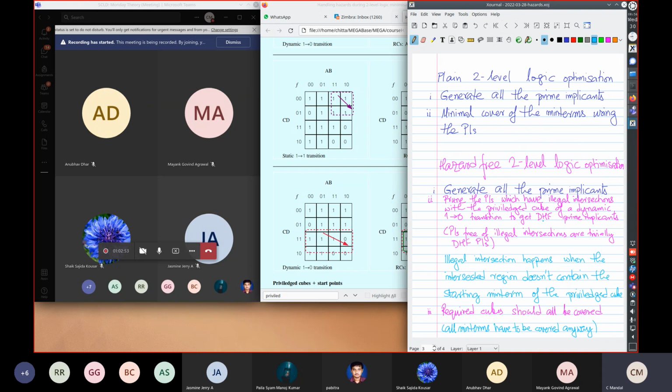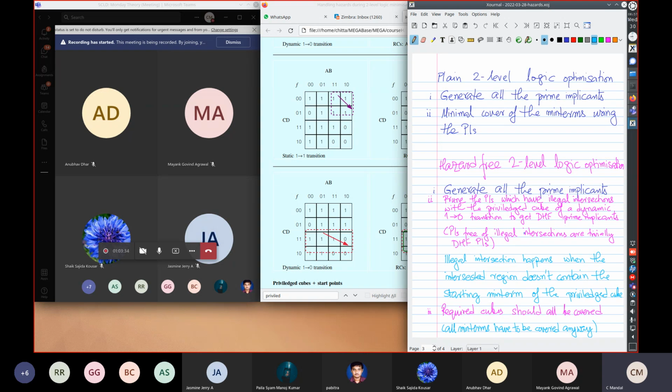Now, of course, you have to get the DHF prime implicants. DHF prime implicants are just obtained by pruning the prime implicants in case they have illegal intersections with a privileged cube of a dynamic 1-0 transition, and that we have already seen.